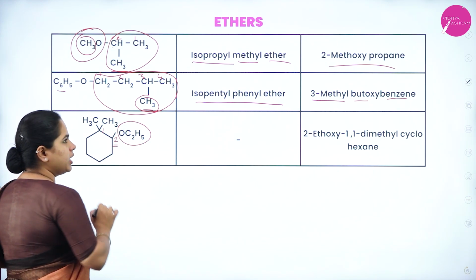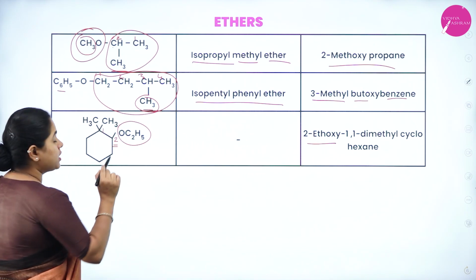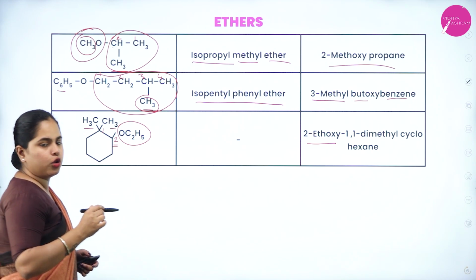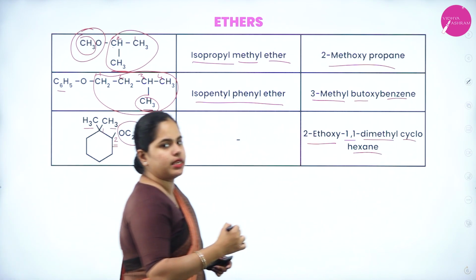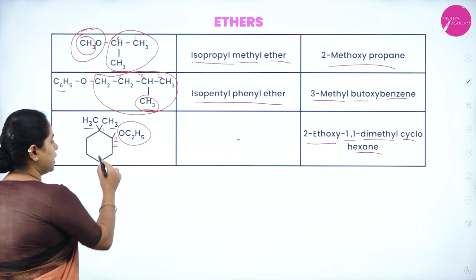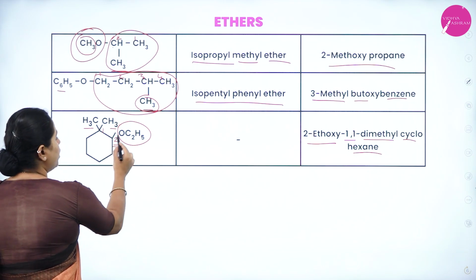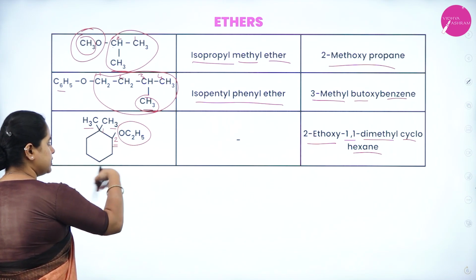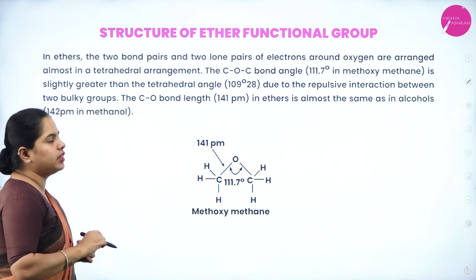So on which carbon atom is there? On the second carbon atom. So it is 2-ethoxy, and on the first carbon atom you have 2 methyl groups. So it will be 1,1-dimethylcyclohexane. So this is cyclohexane. On the second carbon atom you have the alkoxy, which is ethoxy. So 2-ethoxy-1,1-dimethylcyclohexane. Clear? Right. Now moving on to the structure of ether functional group.